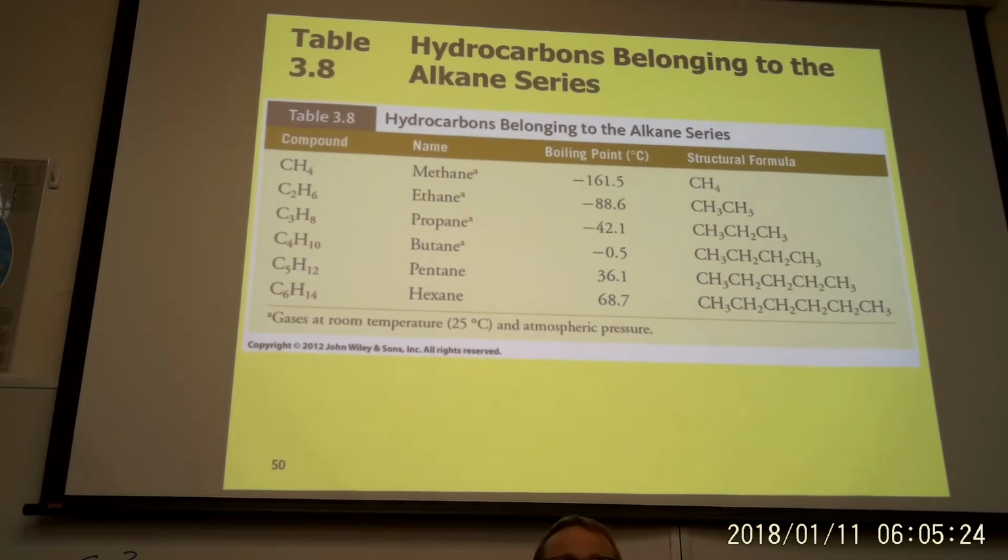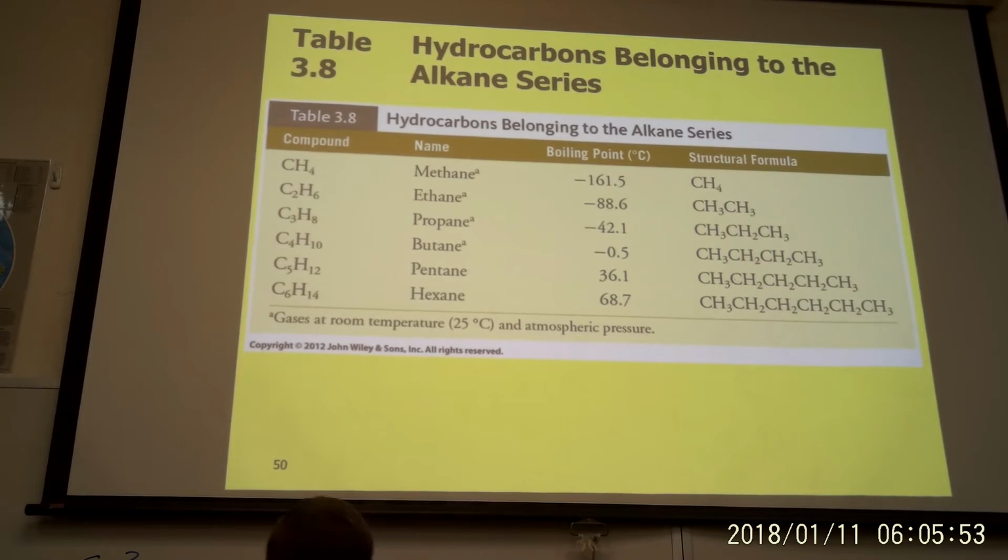Have you guys heard of propane before? When you go camping, you have those little tanks. Those are propane tanks. Tanks of propane. The big tanks outside houses in rural areas are filled with propane. Okay. This is a gas. It's an organic compound, and prop is a prefix in organic chemistry for 3.